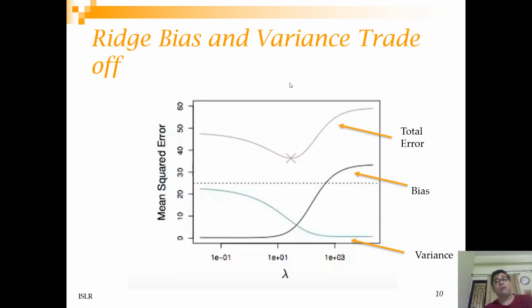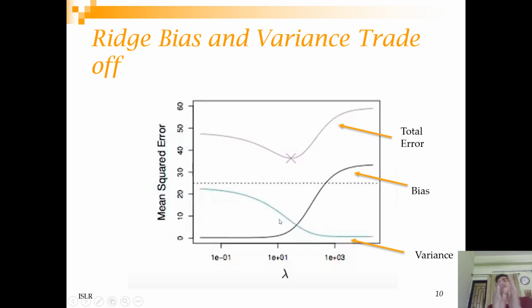All right, now let's look at the bias, variance and total error in context of Ridge. Again, as you increase lambda, you see your bias is not going up very highly. Your bias rises only after you have a high lambda value, but it has a dramatic effect on reducing the variance.